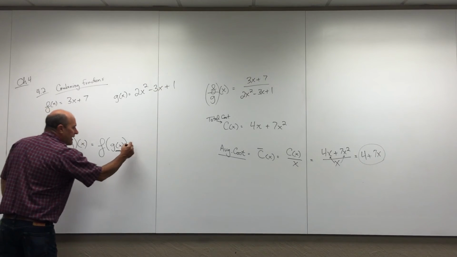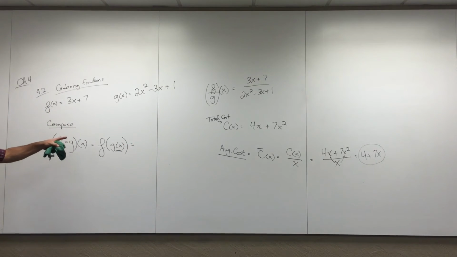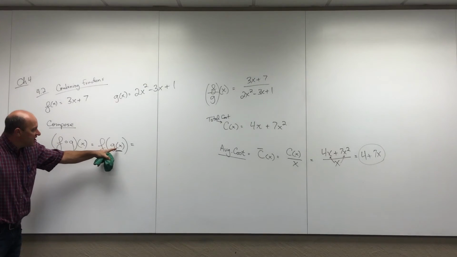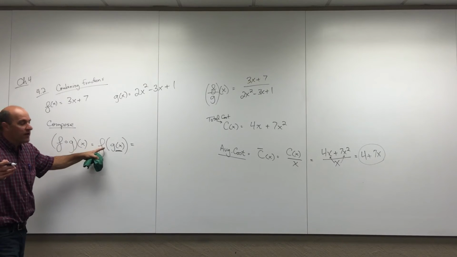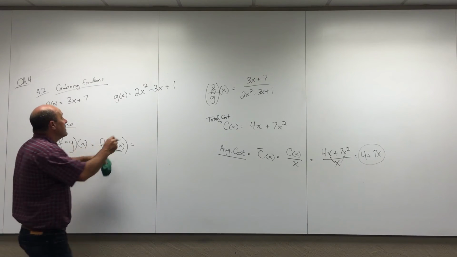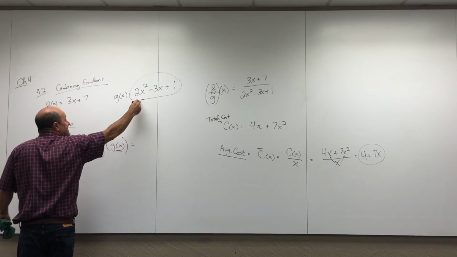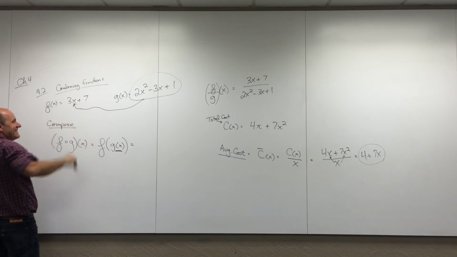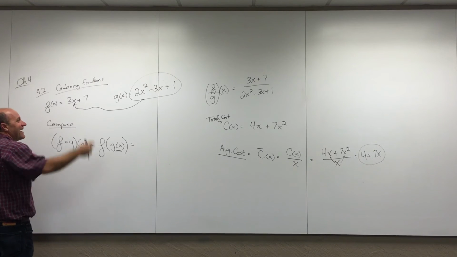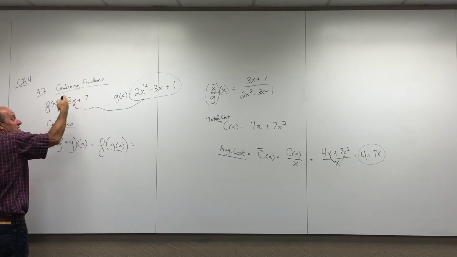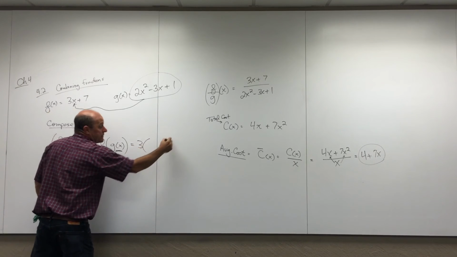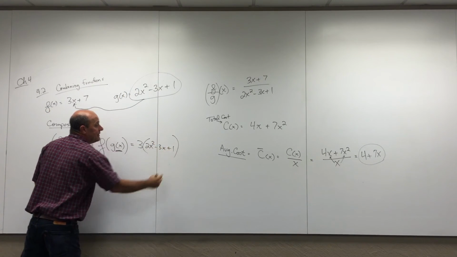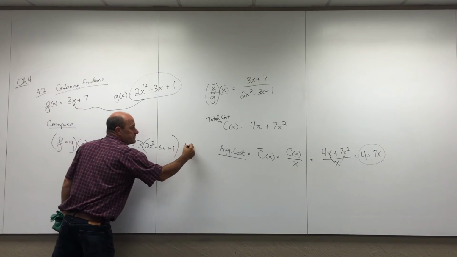Here, let's try it. How do I compose f of g of x? According to this, I'm supposed to take g and stick it into f. That means take the entire g function and stick it into f. Where do you stick it? Thank you. That's where you always stick stuff. Then you get 3 times that entire thing plus 7.